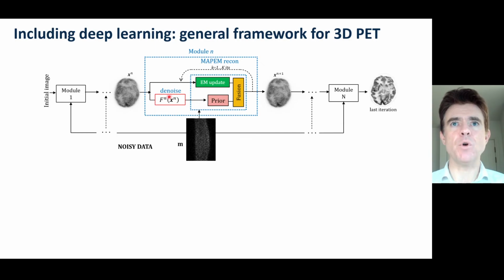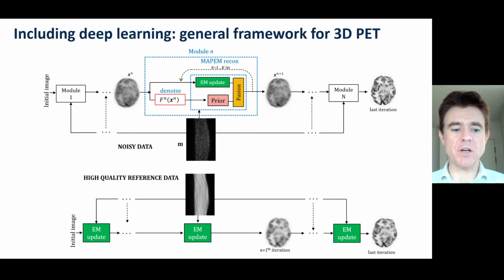This will be a deep network, and then that is used as a fixed prior image for a number of MapEM updates where that prior image is simplistically used as a penalty. In other words, we don't want the data-based update to drift too far from that prior image that was obtained by denoising the previous estimate. So surprisingly, a number of unrolled iterative reconstruction methods fit within this quite straightforward framework.